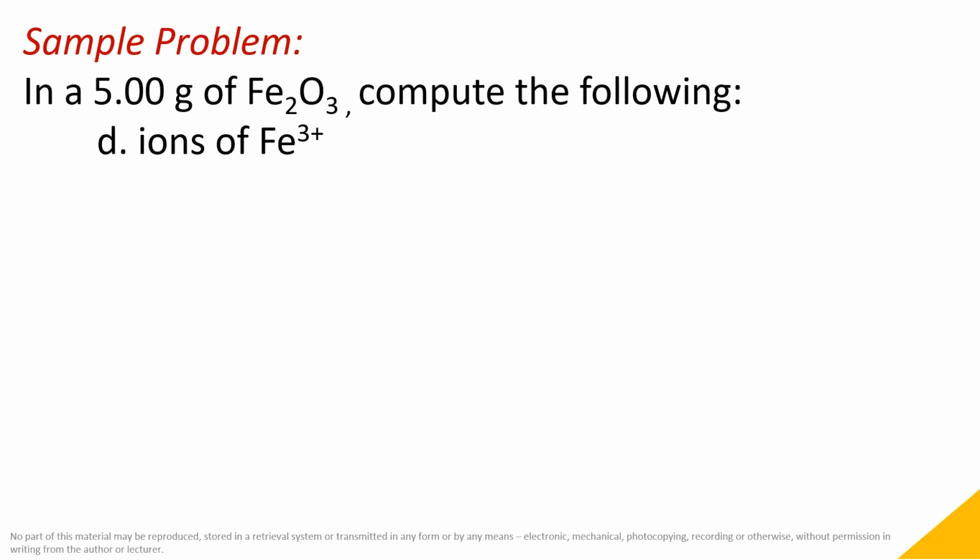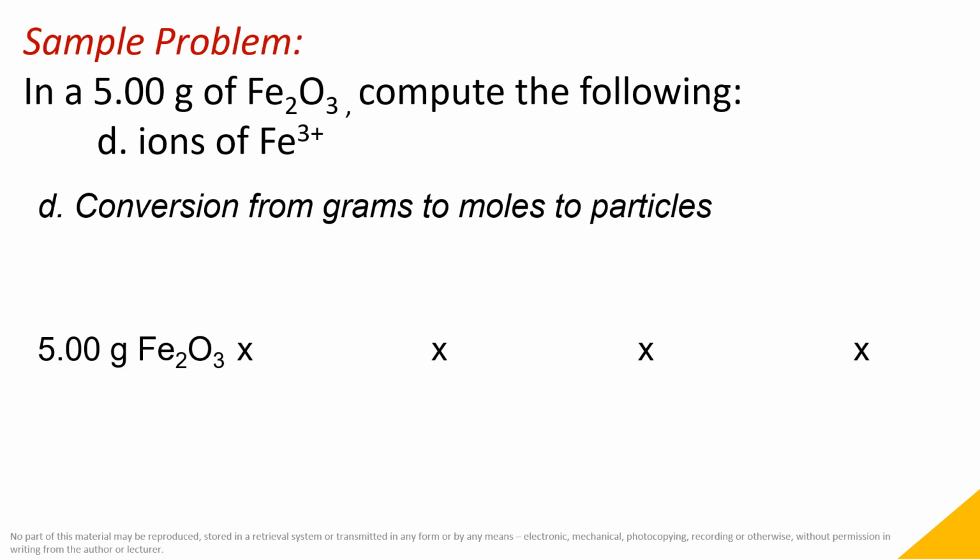How many ions of iron are there in a 5 gram sample of ferric oxide? To be able to get the number of ions, we have to do the conversion from grams to moles to particles. Again, from grams to moles to particles. So, our sample has 5 grams. Write 5 grams multiplied by the number of moles.